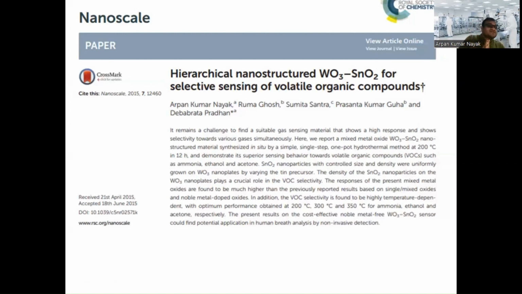The next part is what I told. The next part will be, to achieve that objective, which method we apply. You just have to write the method's name. Now you can see whether we mentioned this or not: here we mentioned by a simple single step one pot hydrothermal method. I did not discuss what exactly we did in the hydrothermal, how we did this.